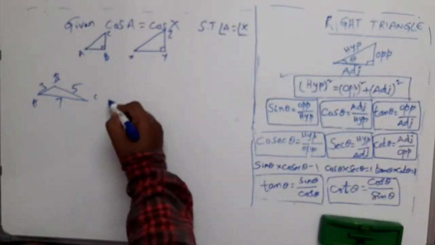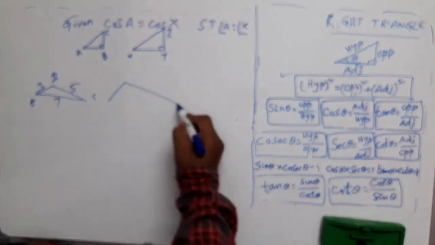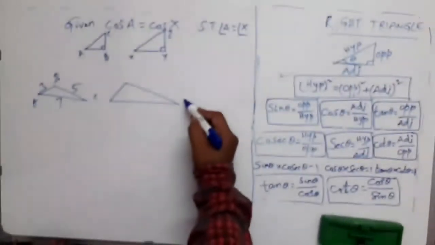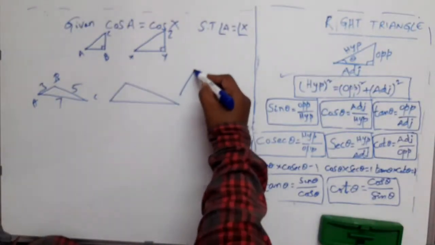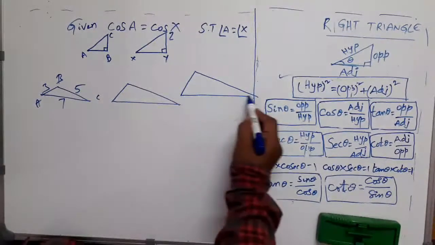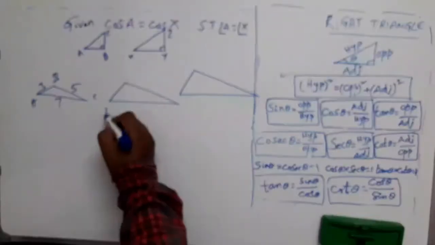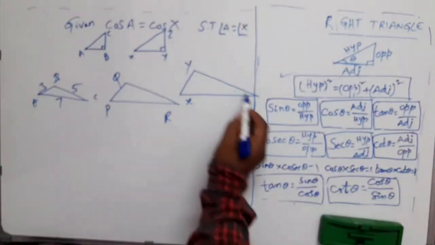Consider this. Let us say some PQR or some XYZ. See this. This is 6.